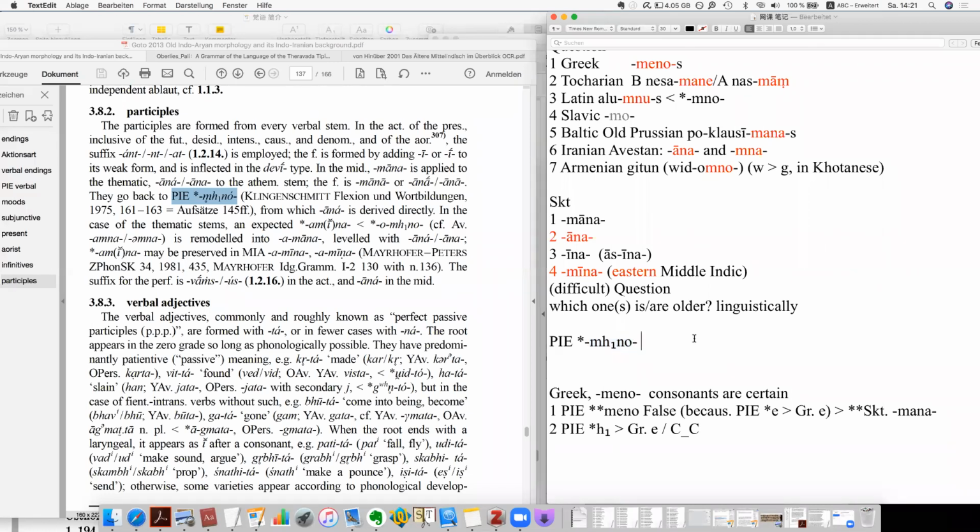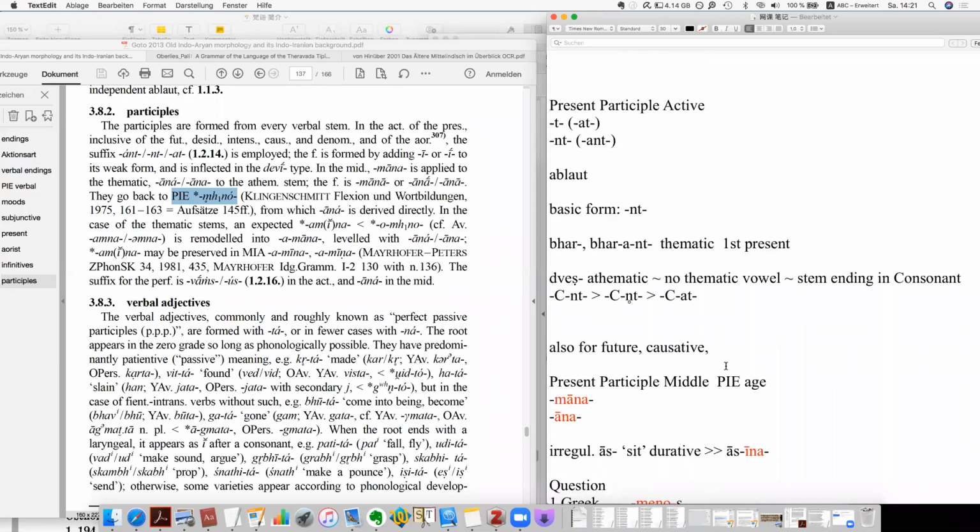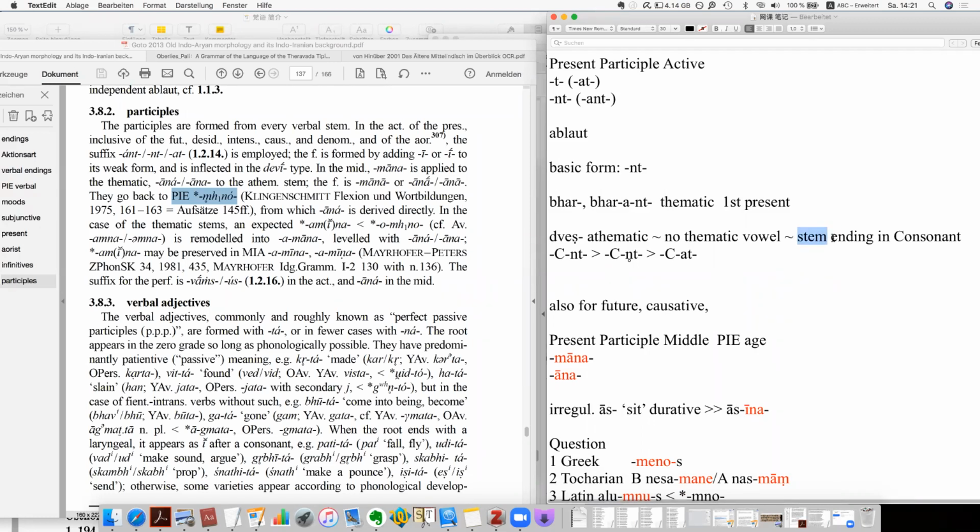And if we have a stem ending in a consonant, remember this one, a stem ending in consonant, right?